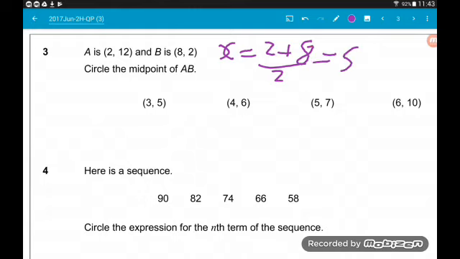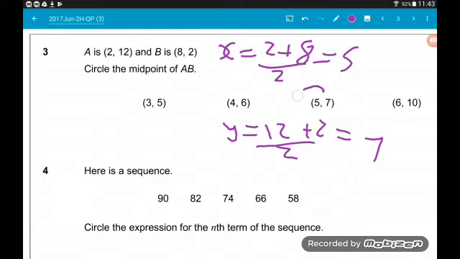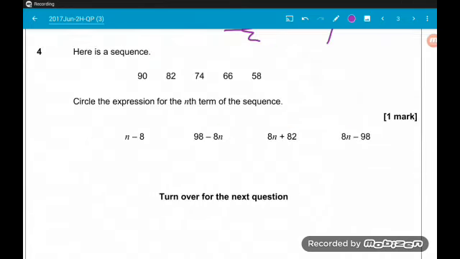So our x coordinate is 5. Our y coordinate is going to be 12 plus 2 divided by 2. 12 plus 2 is 14, divided by 2 is 7. So the coordinates of the midpoint are (5, 7). So that's our answer.